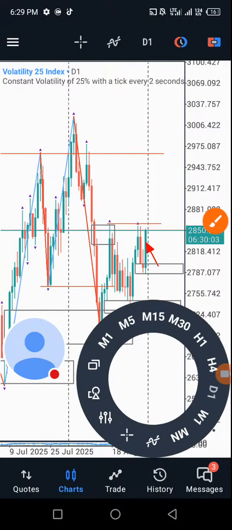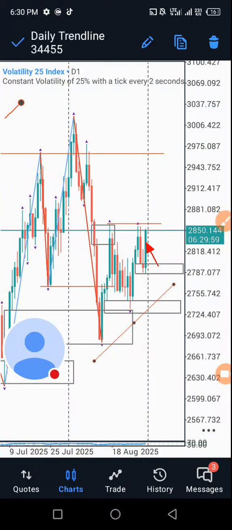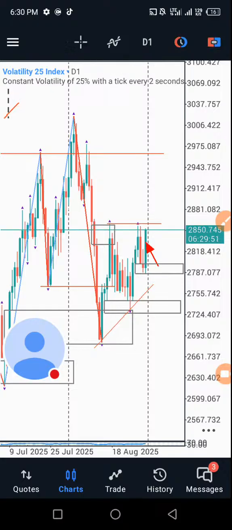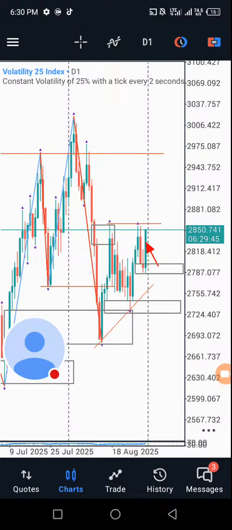If you are able to identify this shift in market structure here, then we are anticipating price to come back here.